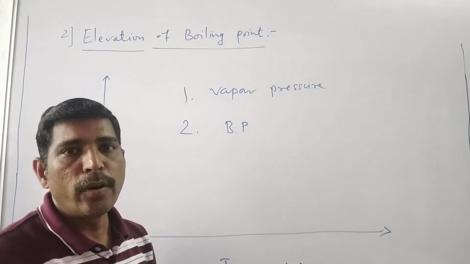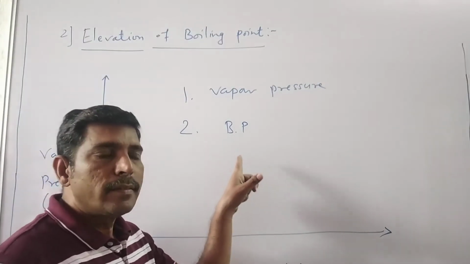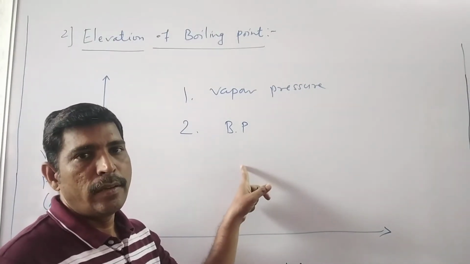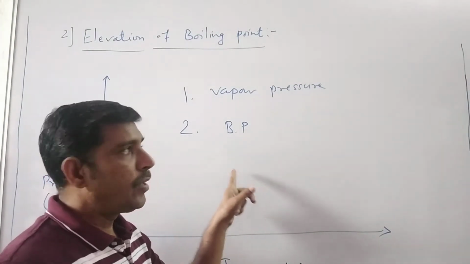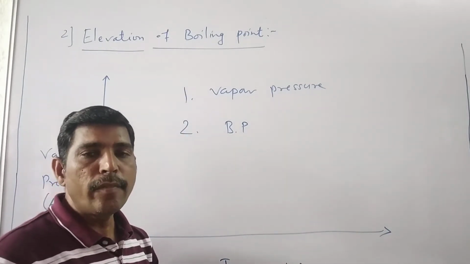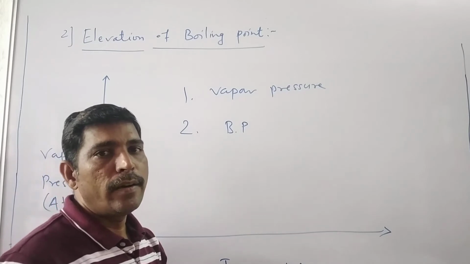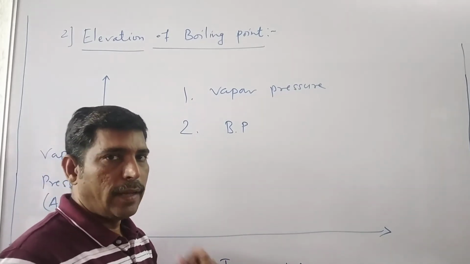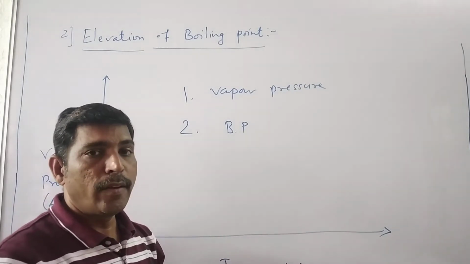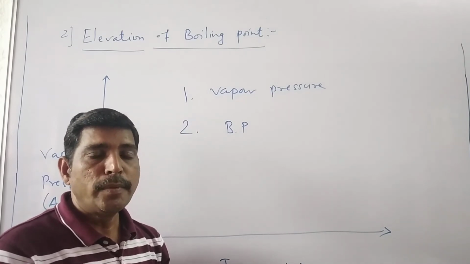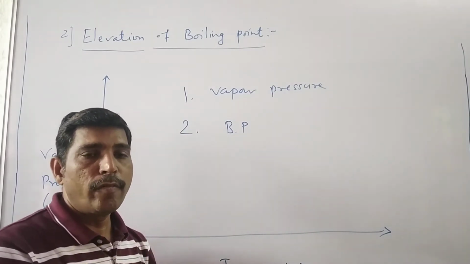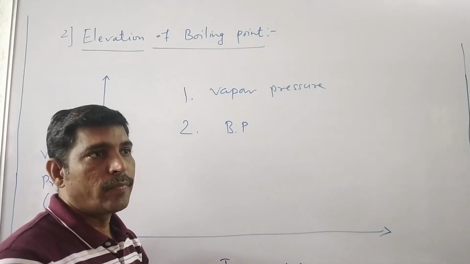So what is boiling point? Boiling point is such a temperature at which the vapor pressure of that liquid is equal to the atmospheric pressure. Again, a new definition. Generally, we will say that the boiling point means the temperature at which the liquid boils and forms vapors. Okay.